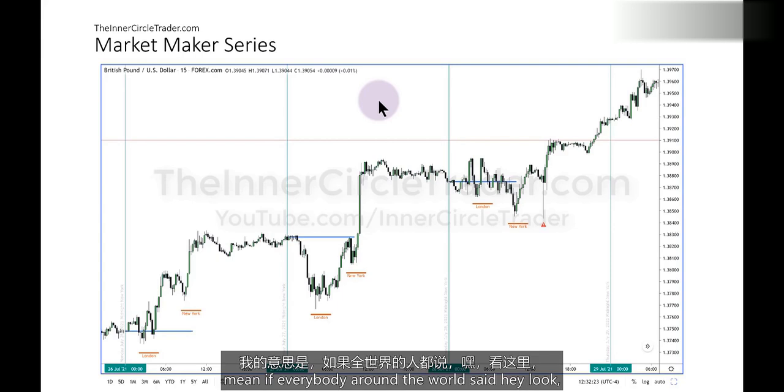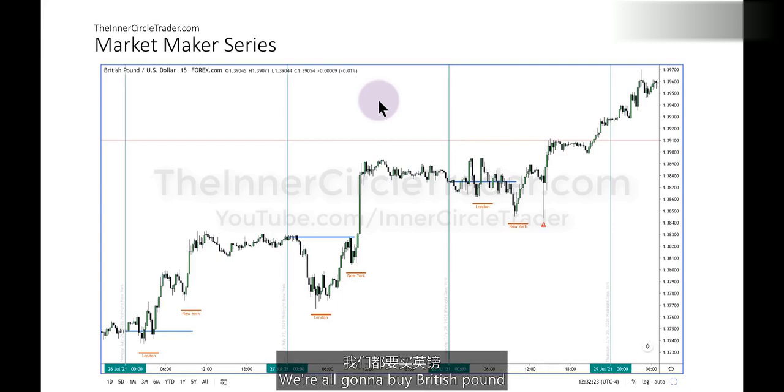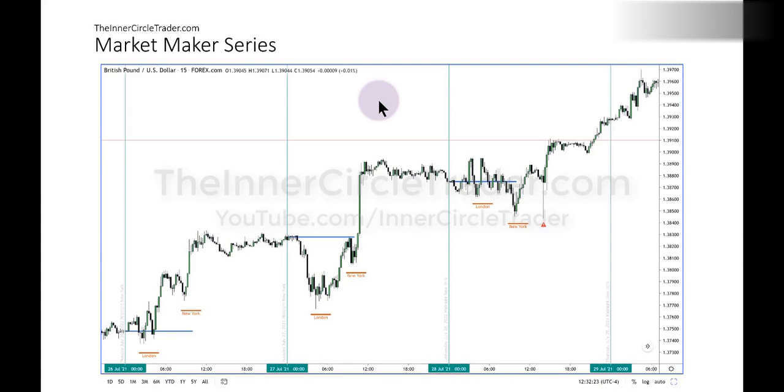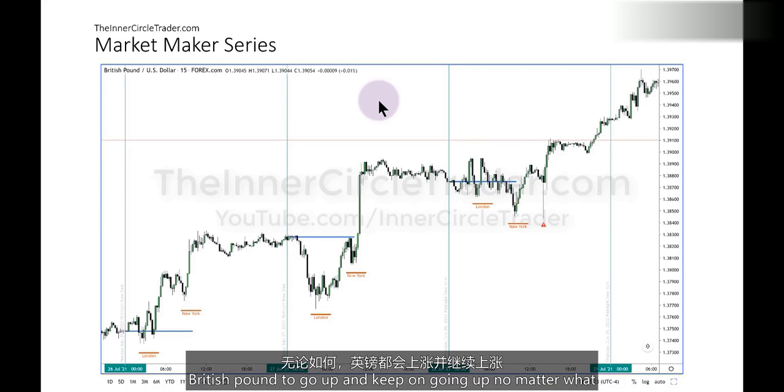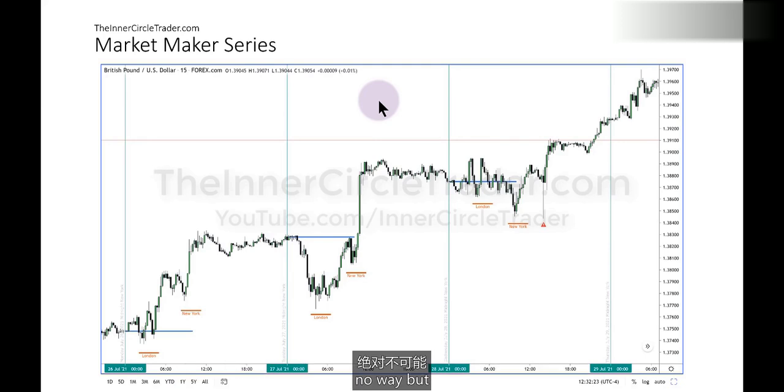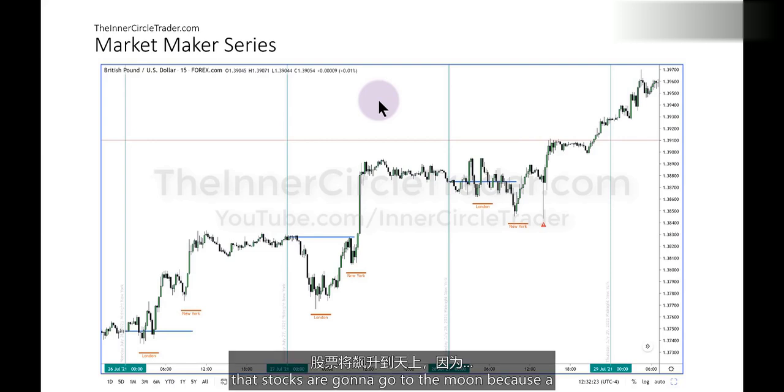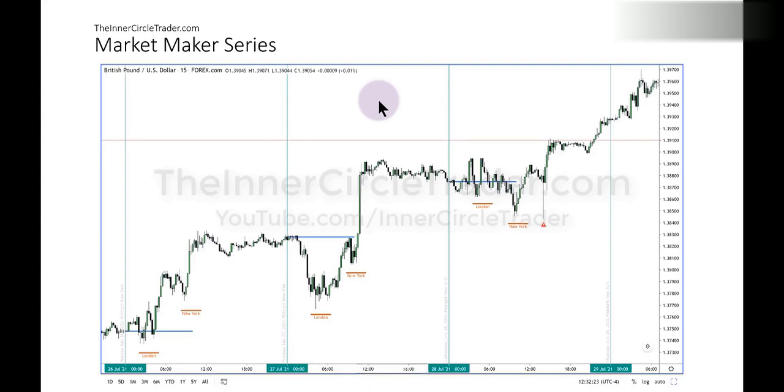I mean, if everybody around the world said, hey, look, here's what we're going to do, we're all going to buy the British pound, and we're going to keep buying it no matter what, you really think that's going to be the catalyst for the British pound to go up and keep on going up no matter what? No way. But if you read social media today, that's what they want you to believe: that stocks are going to go to the moon because a handful of people on Reddit are buying it. That's not what these markets are doing, okay?